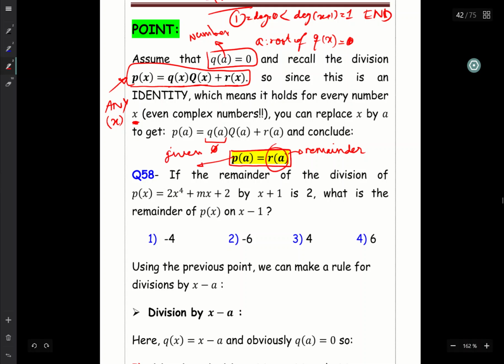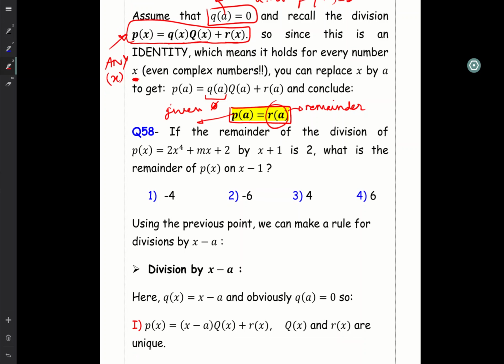So this is a shortcut, and later on it becomes very important in the special case when r(x) is of degree 0, because then it's just a number, and the number doesn't change. So if we evaluate it at one of the roots of q, we can find the remainder very easily.